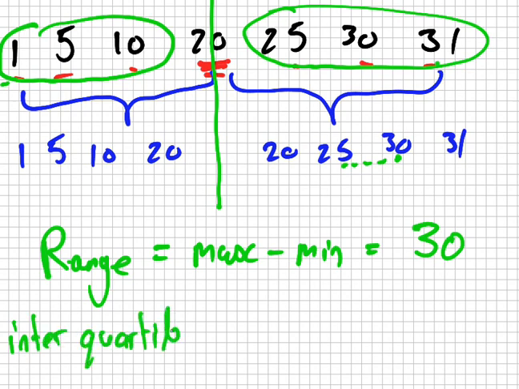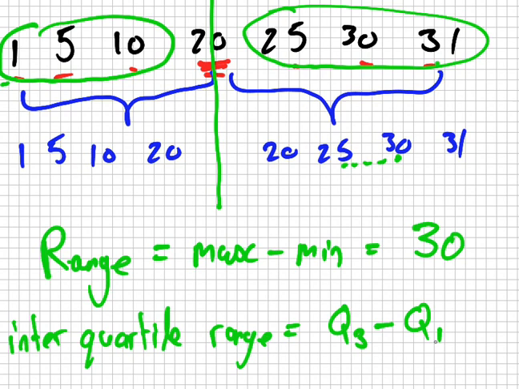Now, do not confuse that with something called the interquartile range. This is the upper quartile minus the lower quartile. It is not a common mistake, but some students misread the question.